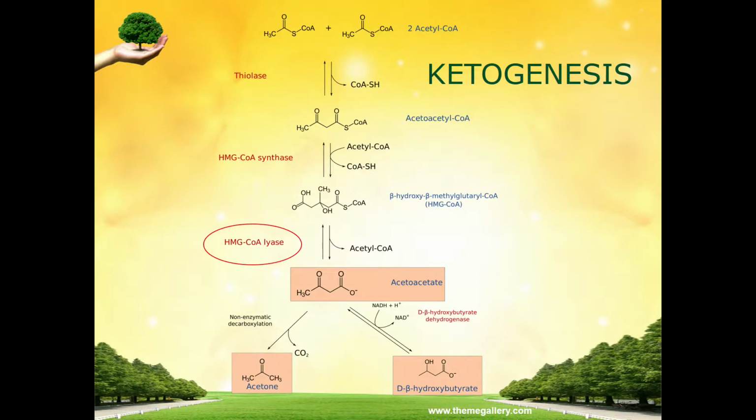One, accumulation of its substrate, causing toxicity in the organism. And another, lack of products, in this case these three ketone bodies. These three ketone bodies are important sources of fuel and energy for many tissues, including brain, heart, and skeletal muscle.